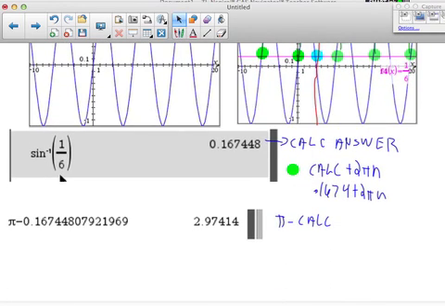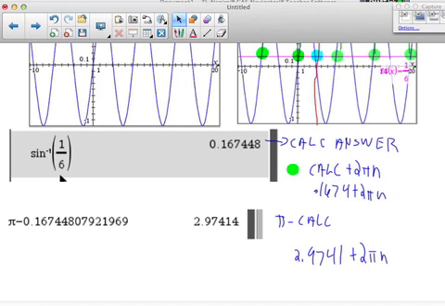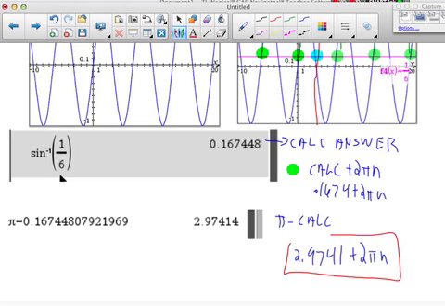Okay, so my answer for that would be 2.9741 plus 2 pi n. These two guys right here are my two formulas to find the inverse sine of 1/6.